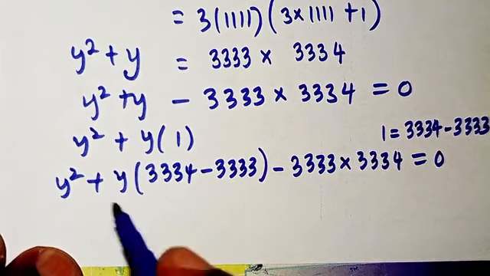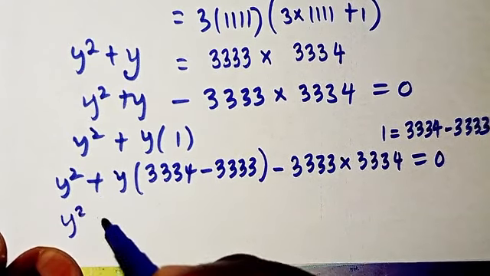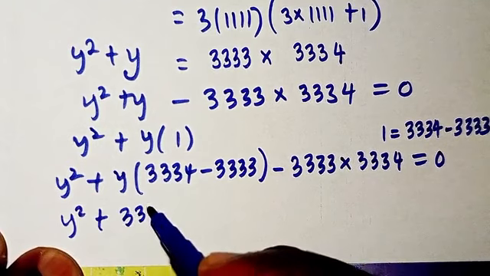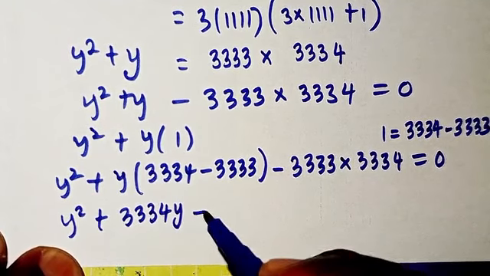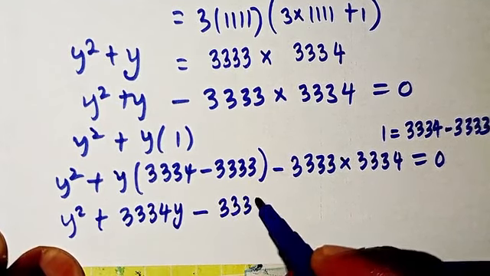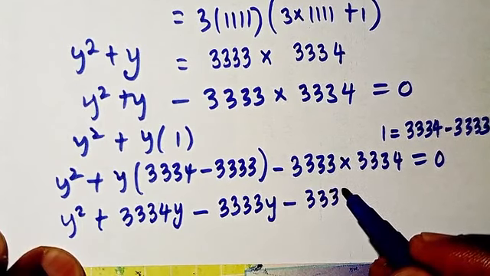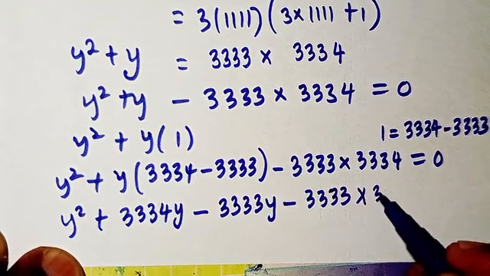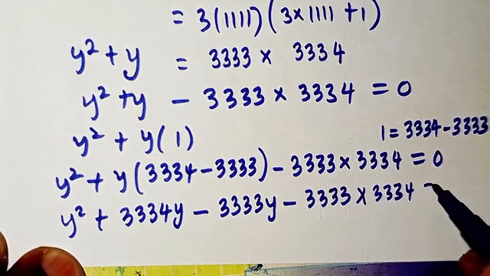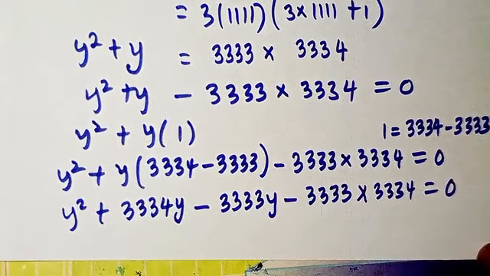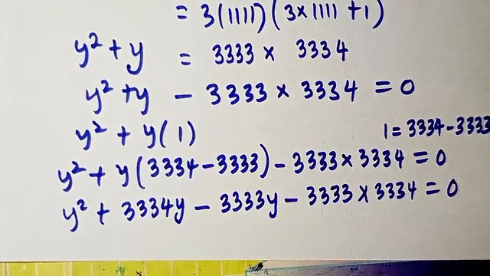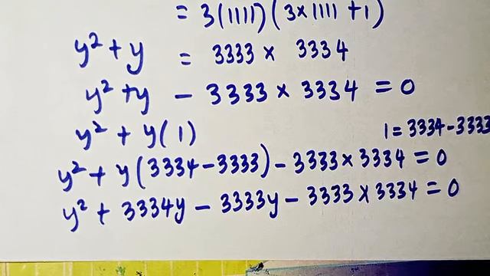So now from there, if I try to open the bracket, we have y squared plus 3, 3, 3, 4y minus 3, 3, 3, 3y minus 3, 3, 3, 3 times 3, 3, 3, 4, then equals 0. Are you following?